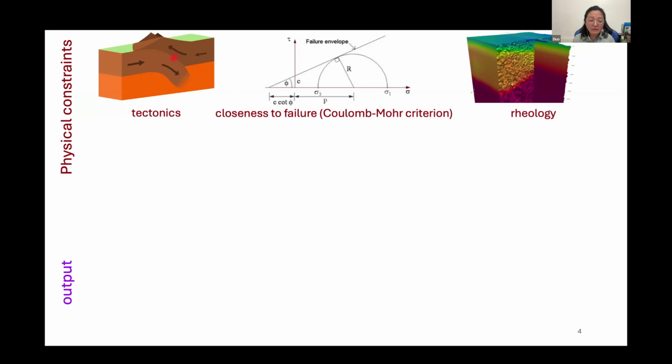And we also know from rock sliding experiments, like what Camilla has already showed, the stick-slip experiment, it gives some idea how closeness to failure may affect the fault weakening during a rupture. And we also need the 3D material rheology, at both large scale and regional scale.